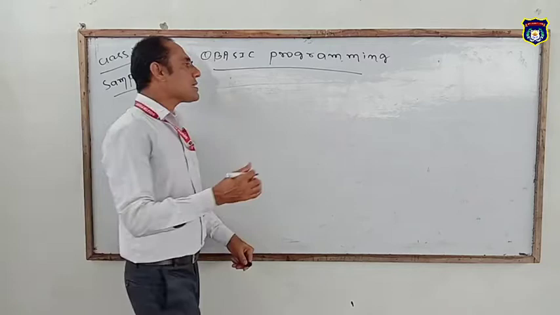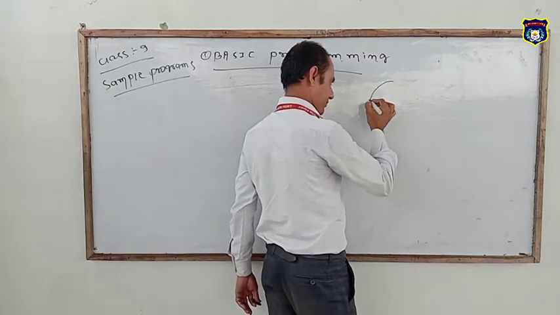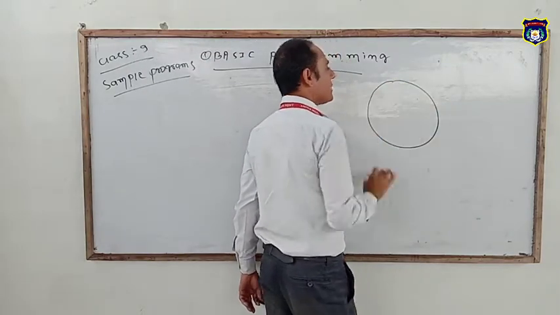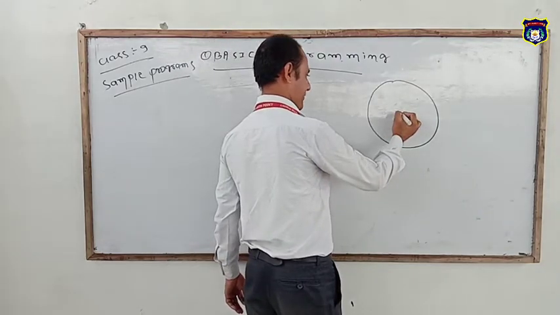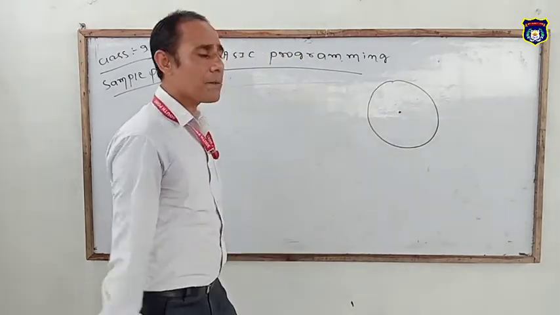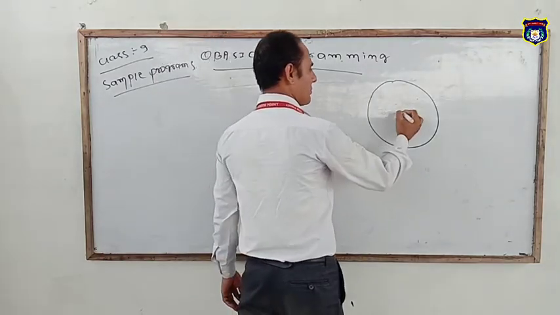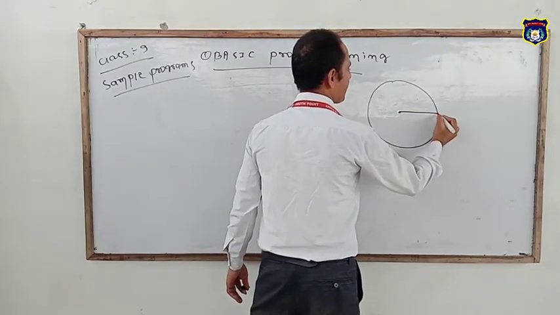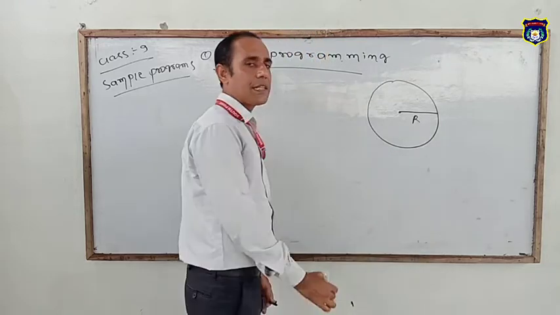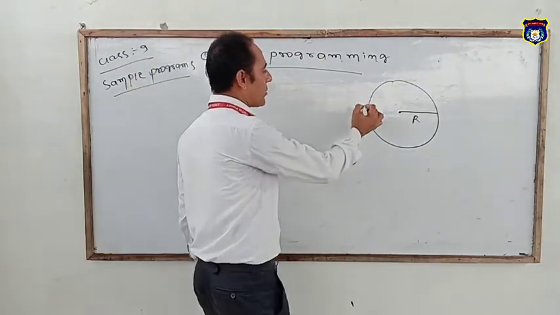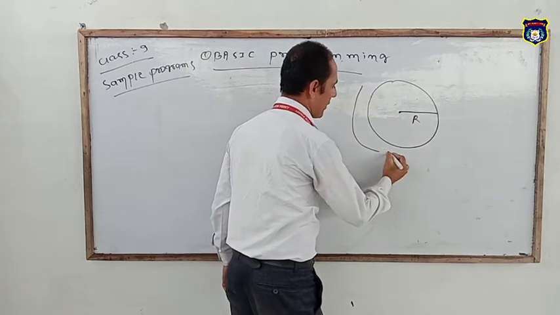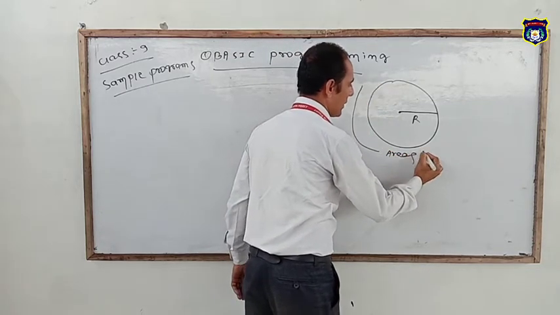Simple. This is a circle. In this circle, this is the median point, and this is the radius, the R. How do we calculate its area?